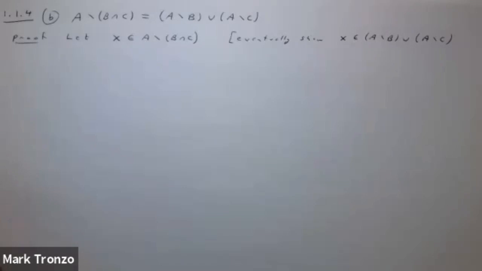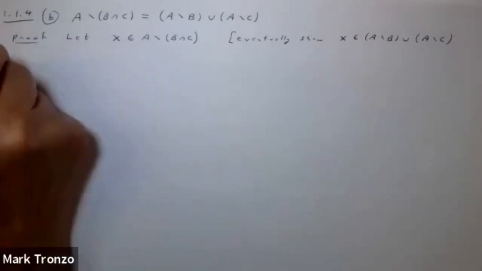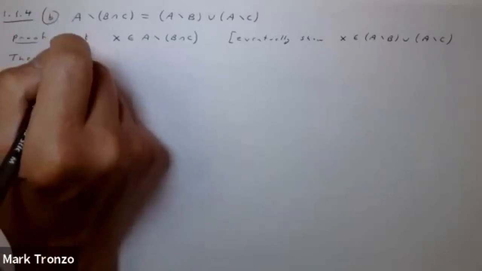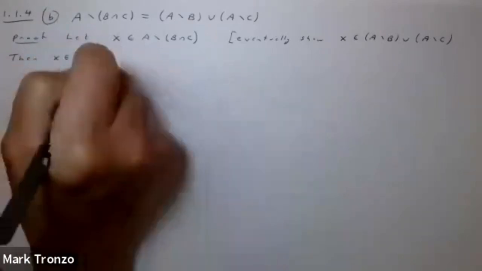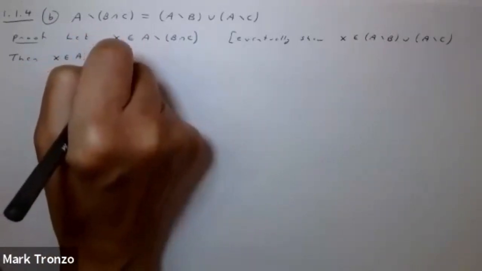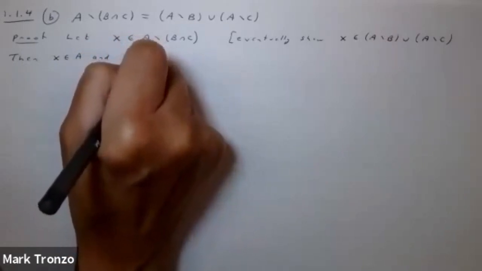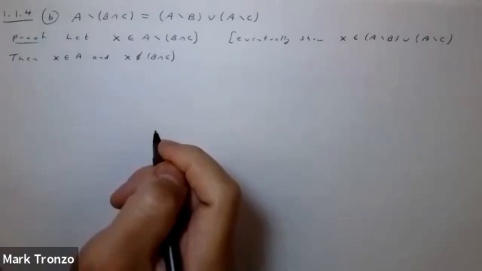So once again, just sort of following the definition, since X is in this, that means X is in A and X is not in B intersection C. And so let's see.